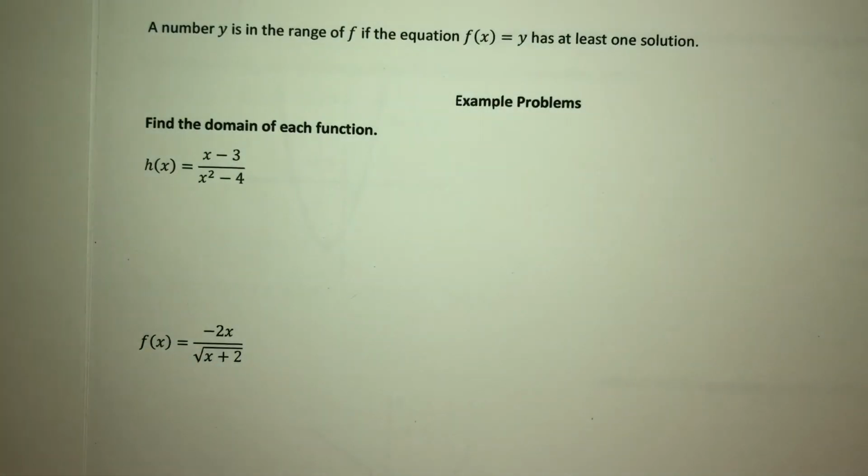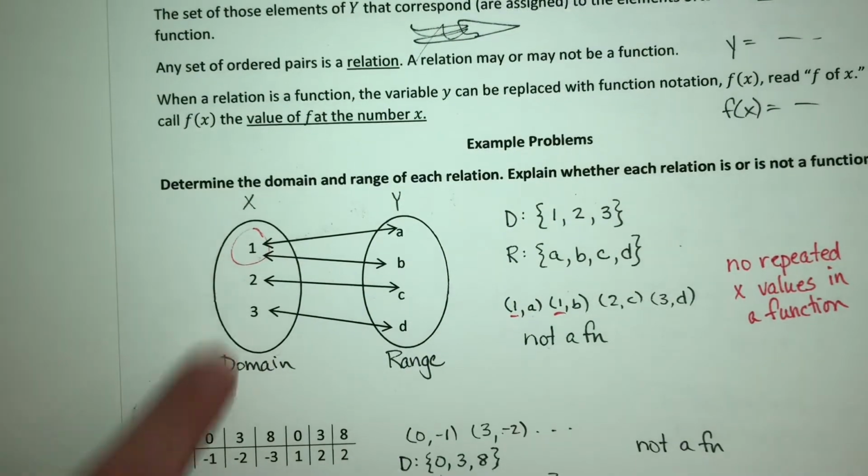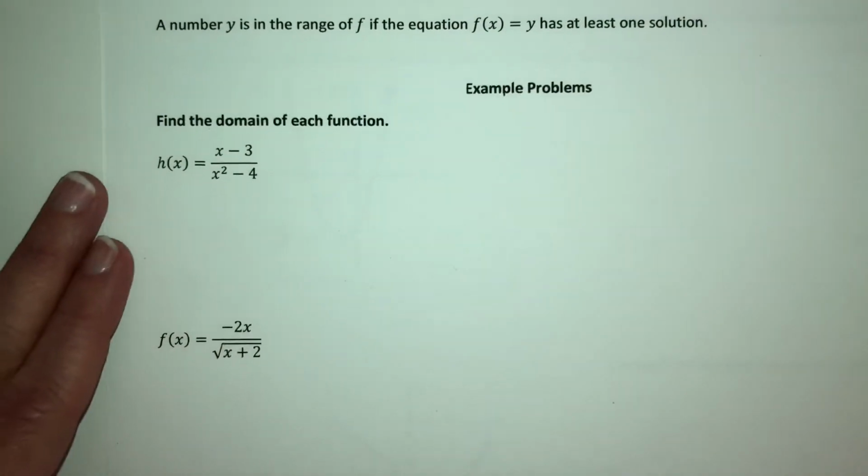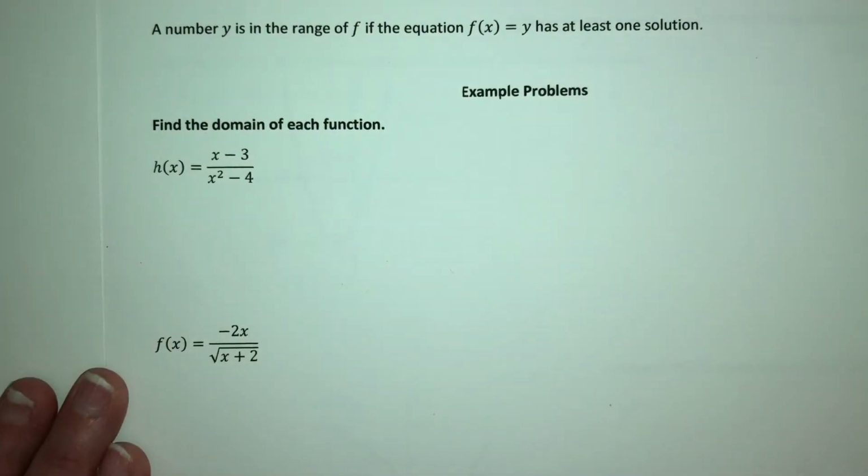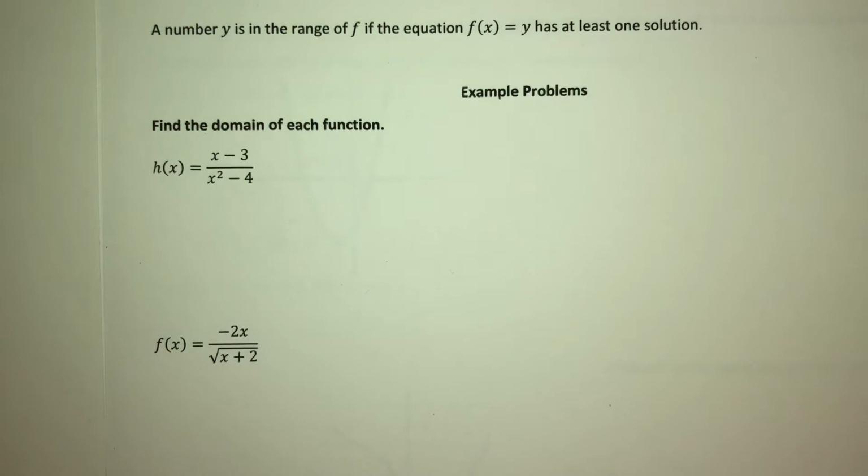When we found the domain of those first problems on the first page of these notes, we had a finite list of x values. I could possibly list them all. But here, when we have just a general relation, there's infinite possibilities. I could plug in 0, 0.1, 0.001, 0.0001.